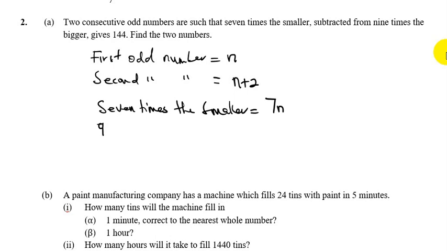So 9 times the bigger will be 9 bracket n plus 2. So this is what we are going to be working with.